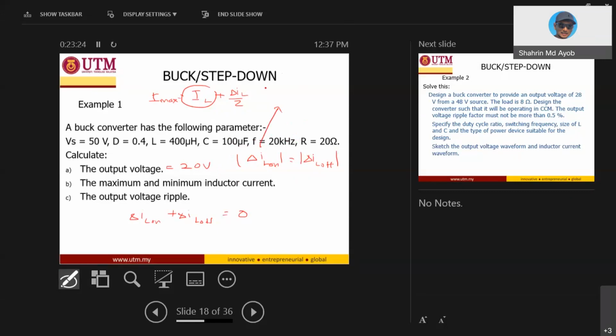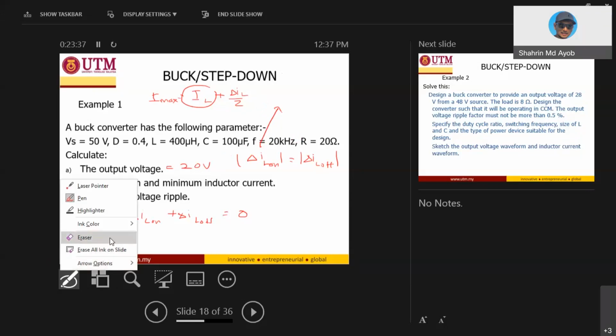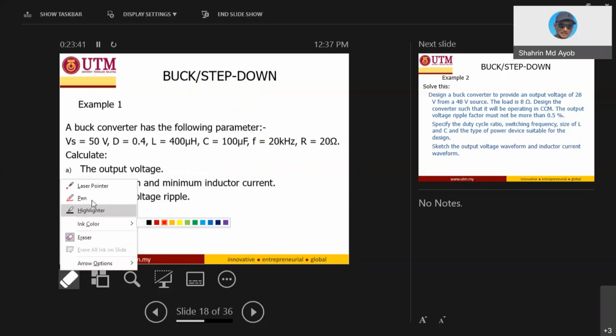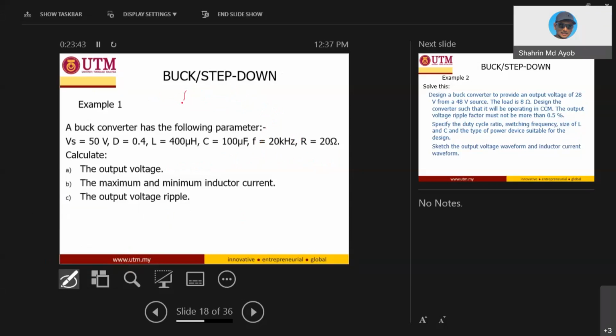So let me give you tips on how to derive delta IL during on. But first, you need to know the circuits, to memorize the circuit. There are many conditions. Buck converter, you need to memorize the circuit.